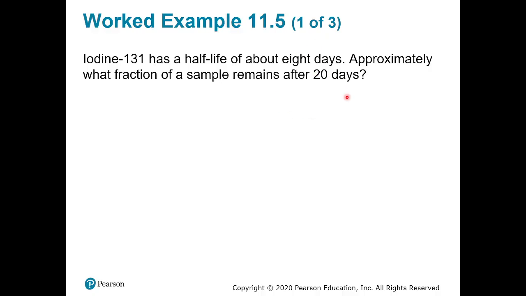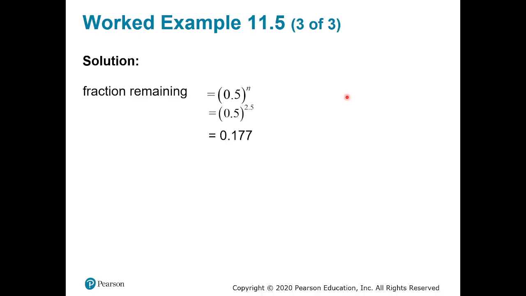And that's going to give us the number of half-lives that passed. And that would be 8, 16, then we have 4 remaining, right? 2.5, right? Okay, and so we put that up in the power, so 0.5 to the power of 2.5, and that's going to give us 0.177, and we're done, because it would just be times 1, right?